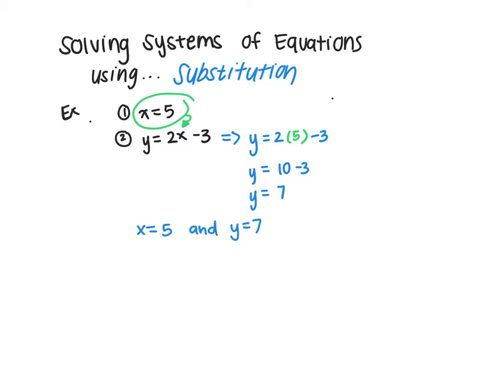If we were to graph these, this is kind of reviewing how we would solve the system via graphing. We have our line x equals 5, and we have the line y equals 2x minus 3.